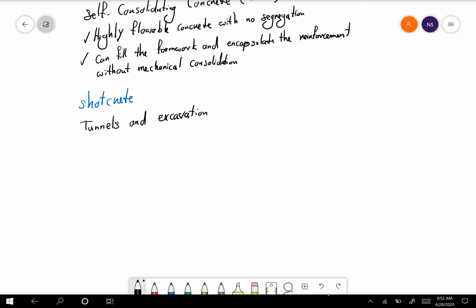And there are two other types, heavyweight or lightweight concrete, for special applications.